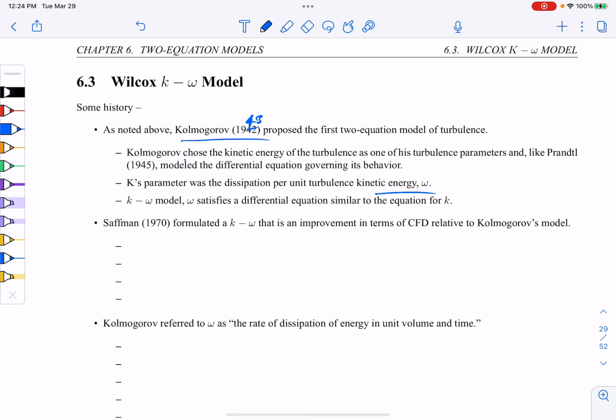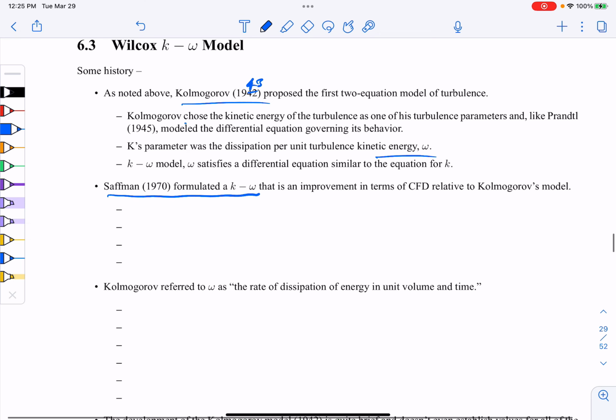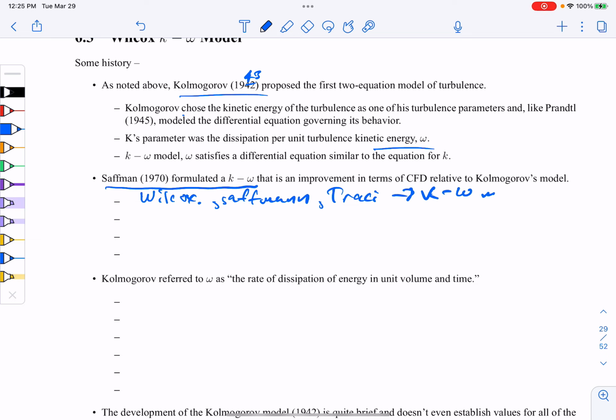First, one was by Saffman, and in this approach he tried to improve some of the terms. I'll just make notes of different models. I don't want to go through conference literature, but there's obviously Wilcox, who wrote multiple self-published books, Saffman, and Tracy. Over about two decades of research, they formed k-omega models.